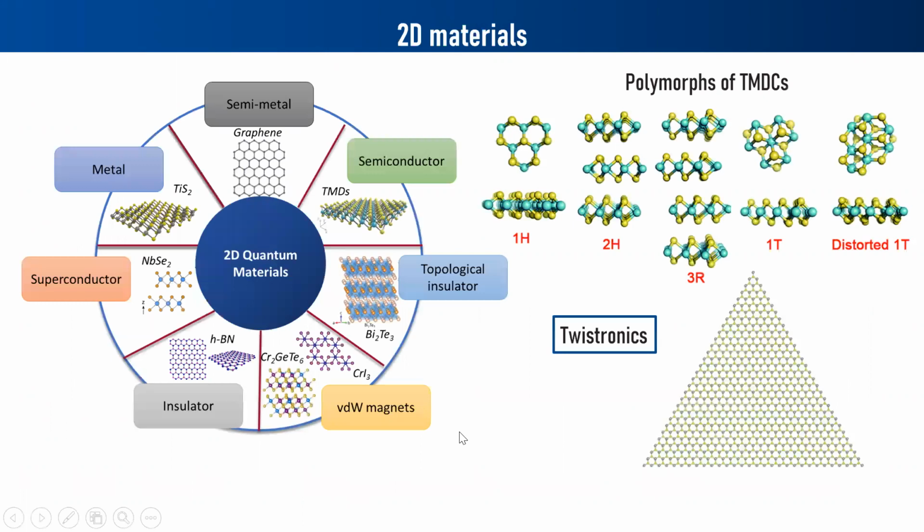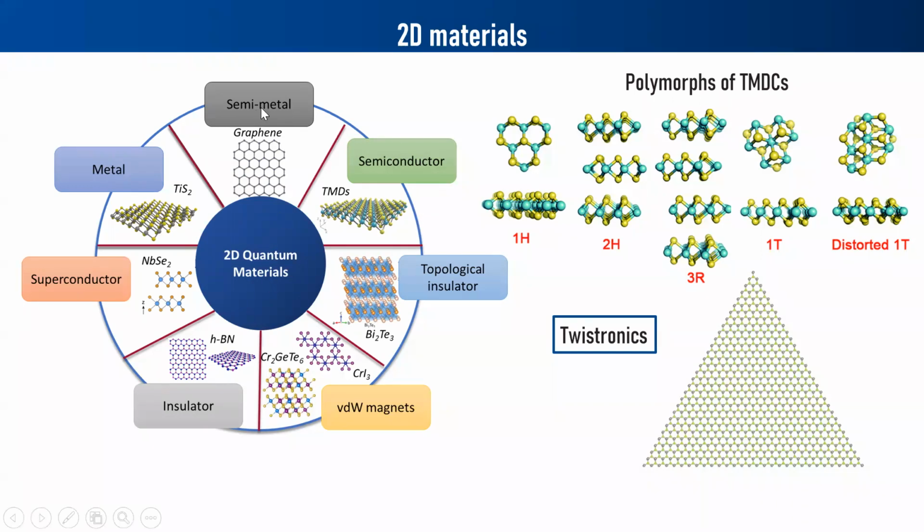So, as all of you are familiar, the 2D material field actually started with graphene, the exfoliation of graphene in 2004, but it has expanded enormously since then. And now you can see that there are a lot of different classes of these 2D materials based upon the interesting electronic behavior or electronic phases that one can see.